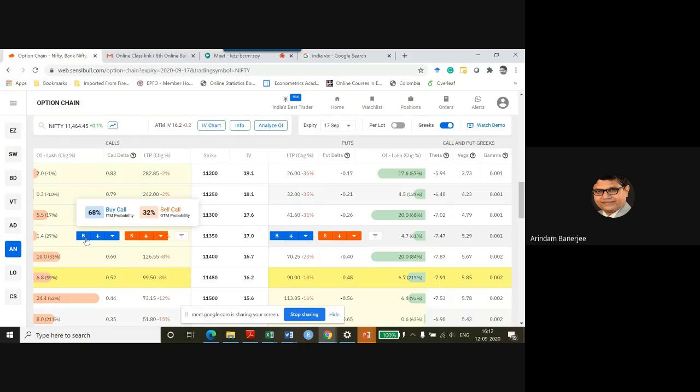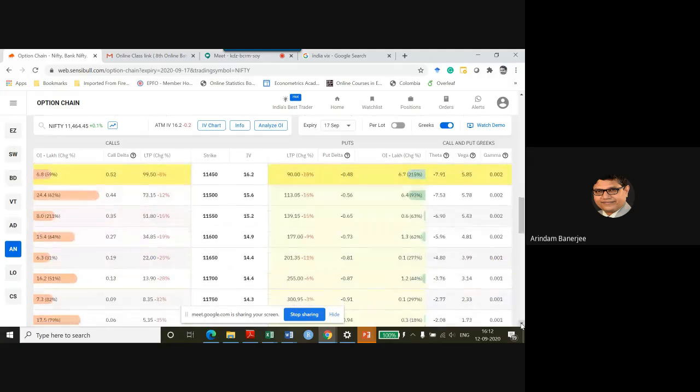Because on 17 September at 3:30 p.m., when this option will expire, all the out of the money options will have a value of 0. All OTM options have only time value, no intrinsic value, so the entire time value will expire at 3:30 p.m. on 17 September.